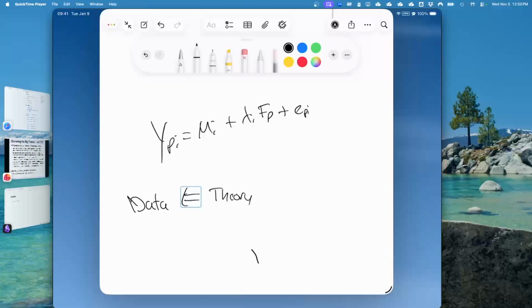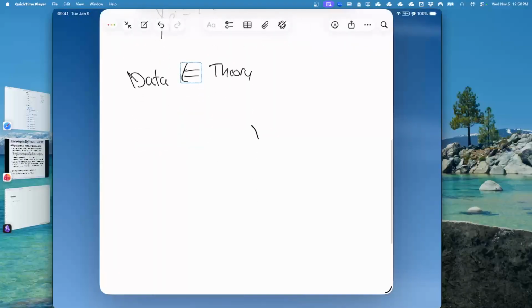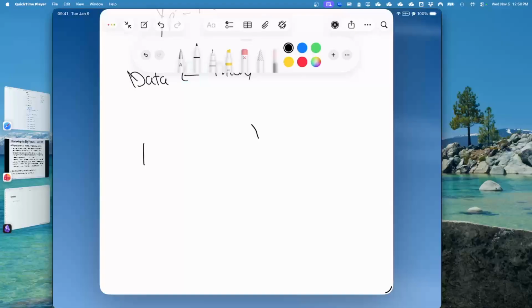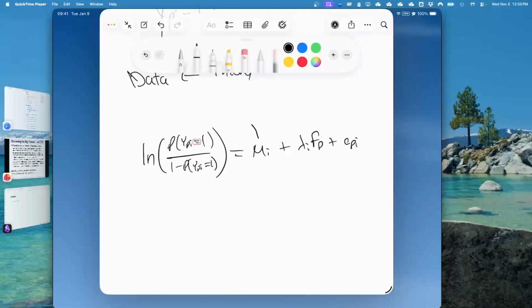So if I were to change this around slightly and create, instead of a linear model, a logistic regression here, what we would talk about is the natural log of the probability that y for a person and item equals 1 over 1 minus the probability for that same thing equals mu sub i plus lambda sub i factor plus error person item.